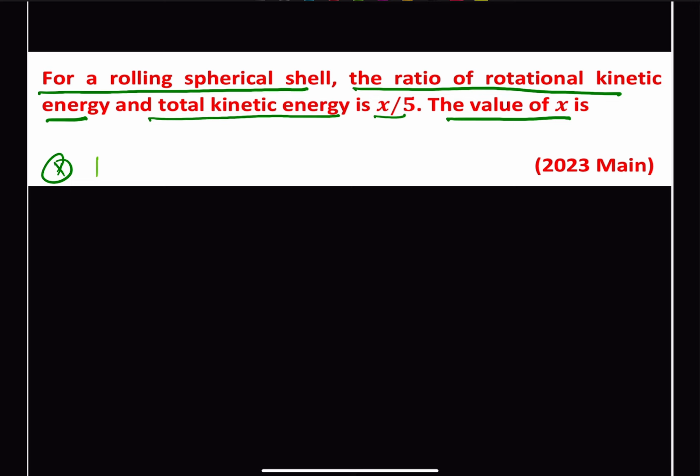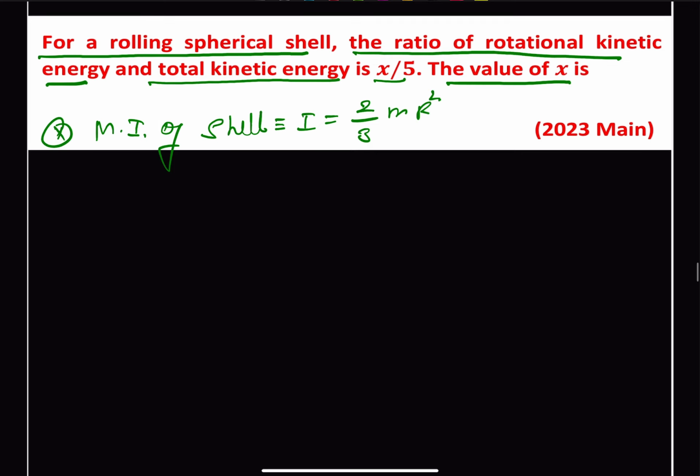So we know that the moment of inertia of the shell, that is I, is equal to 2 upon 3 mr square, and it is rolling without slipping.